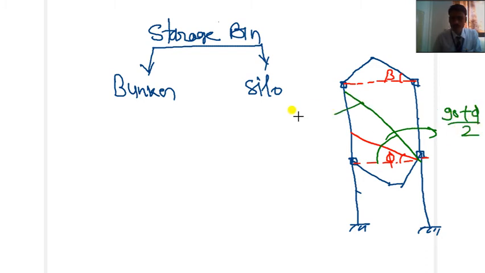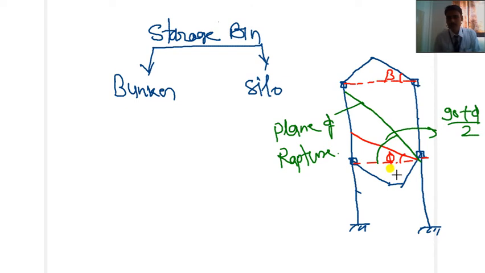That is called the plane of rupture. These are the few basic terminologies which are important for us here. We should be aware of all these parameters. Beta is the angle of surcharge and phi is the angle of repose.